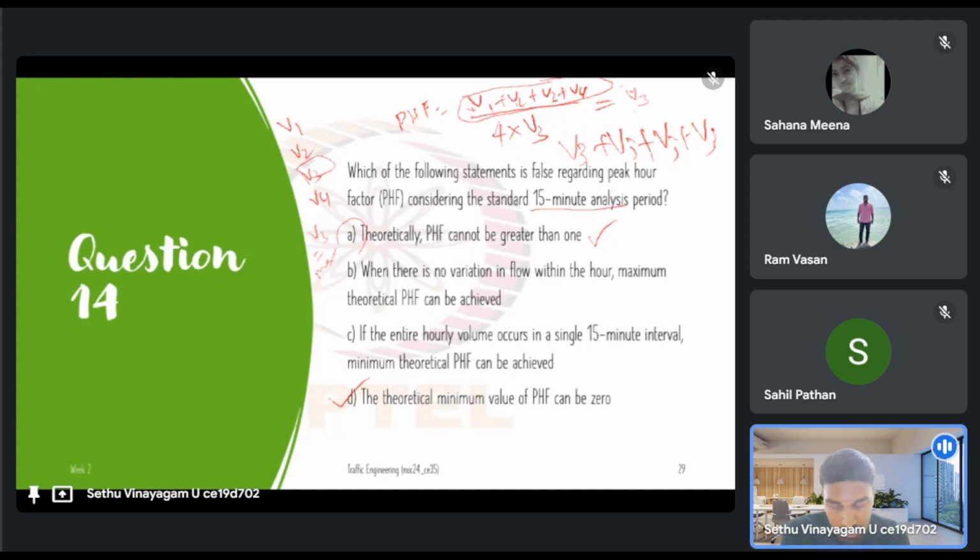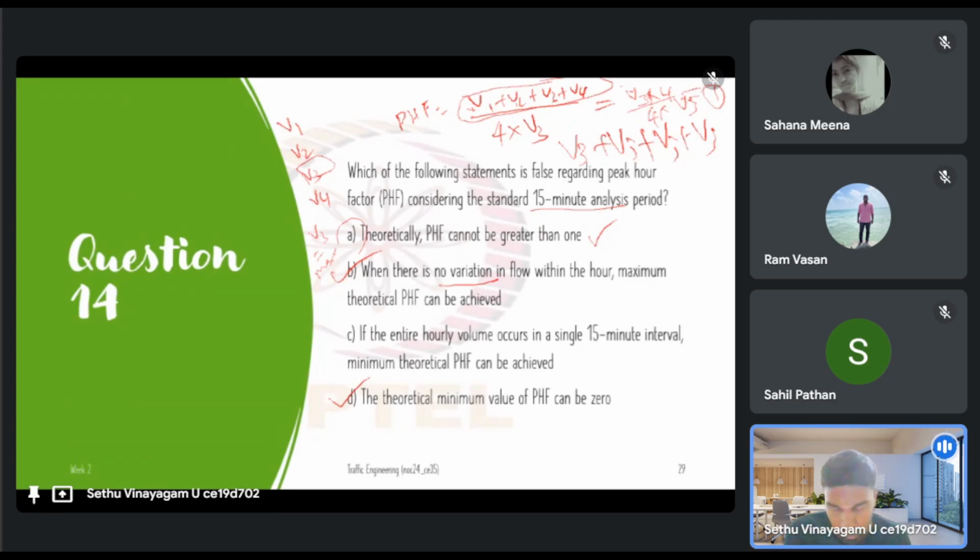So it will be 4 times V3 divided by 4 times V3, so that time it will become 1. So that's when the maximum value is achieved, right? So the maximum value is basically 1. When there is no variation, which means all the periods have equal flow, that's when the ratio becomes 1, which is the maximum value.